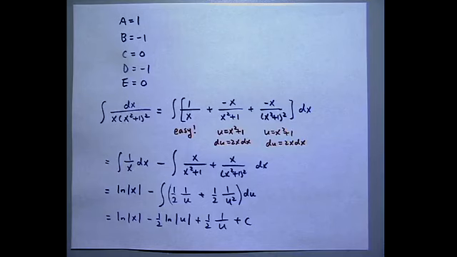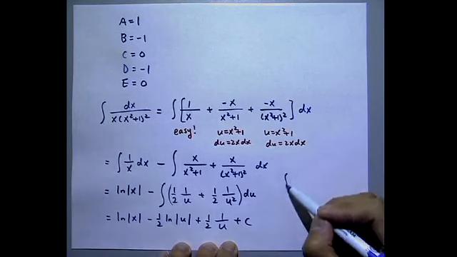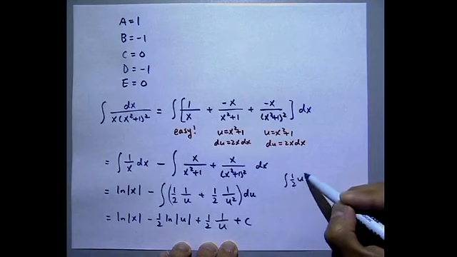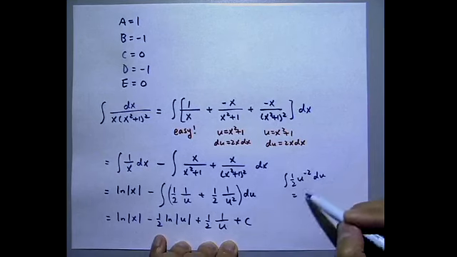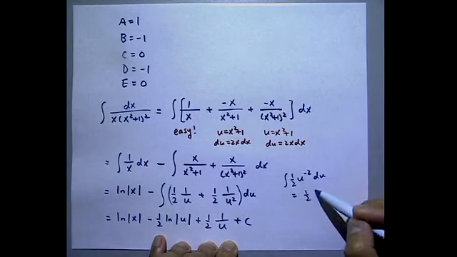Questions? Yeah. This guy? Well, let's see. This is integral of 1/2 u to the minus 2, right? So what do we do? We add 1 to the original power and divide by the new power.